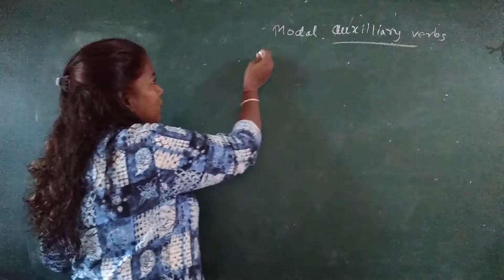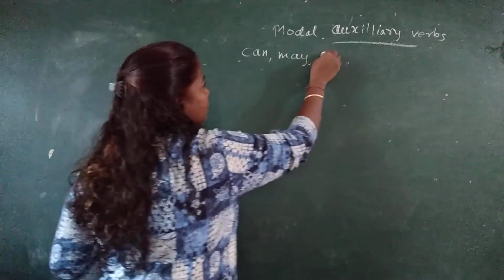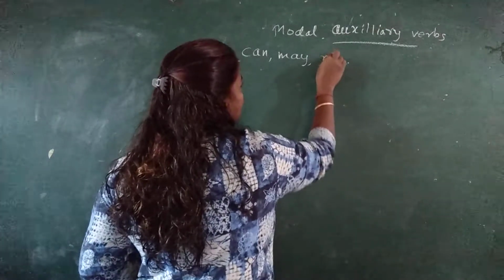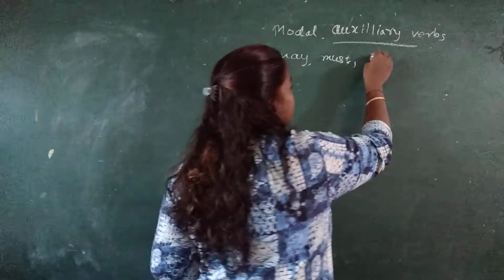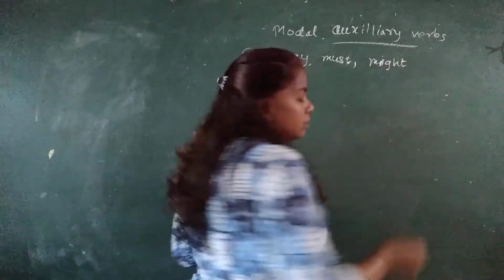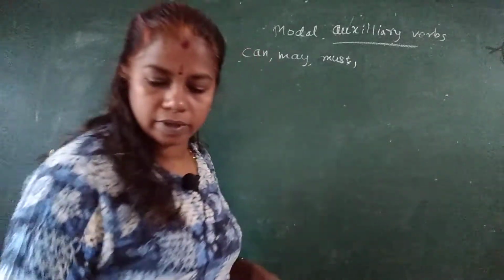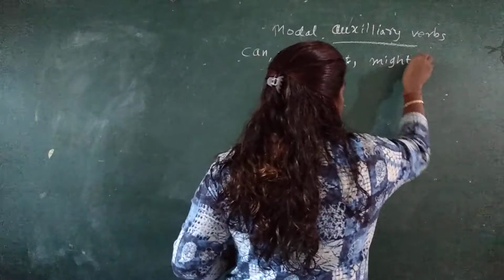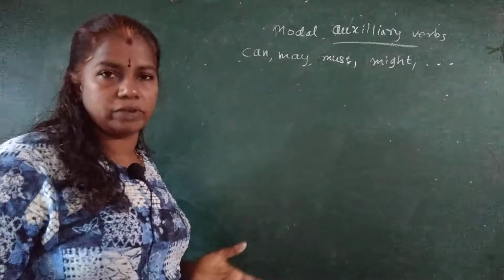Okay. A few examples are can, may, must. Then what else? Might, M-I-G-H-T. Sorry, I didn't rub properly. Might, and so on. This all comes under modal auxiliary verbs.